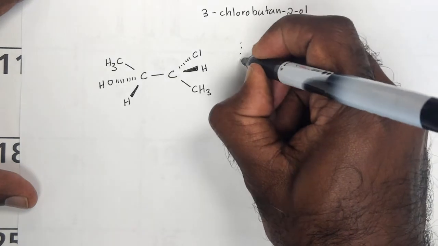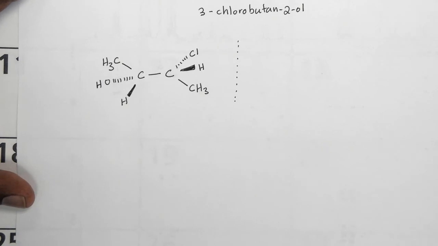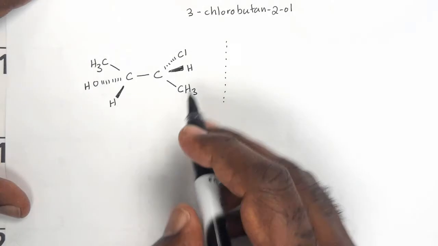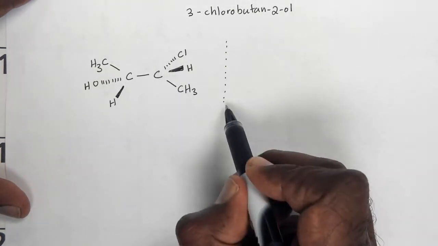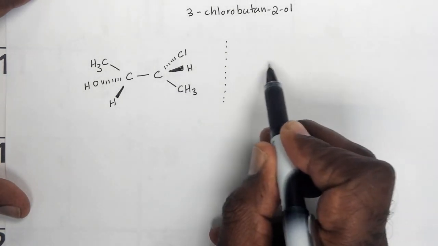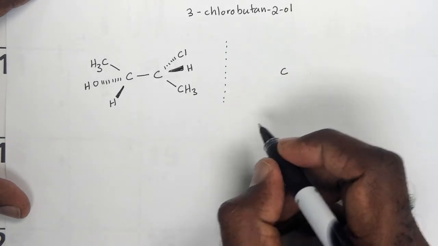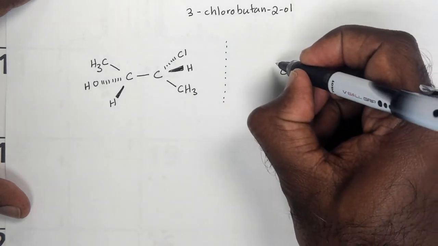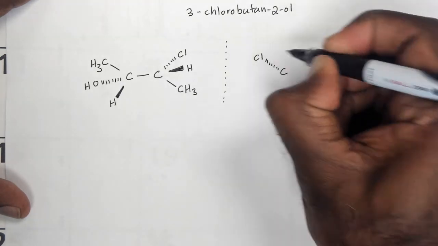And the next thing I'm going to do is draw a mirror image of the structure. So if I draw a mirror image of the structure, I'm going to start with the group that's closest to the mirror, and that's going to appear closest in the mirror. So that's my carbon, and if I look at the group pointing away from me, it's still away from me in the mirror.